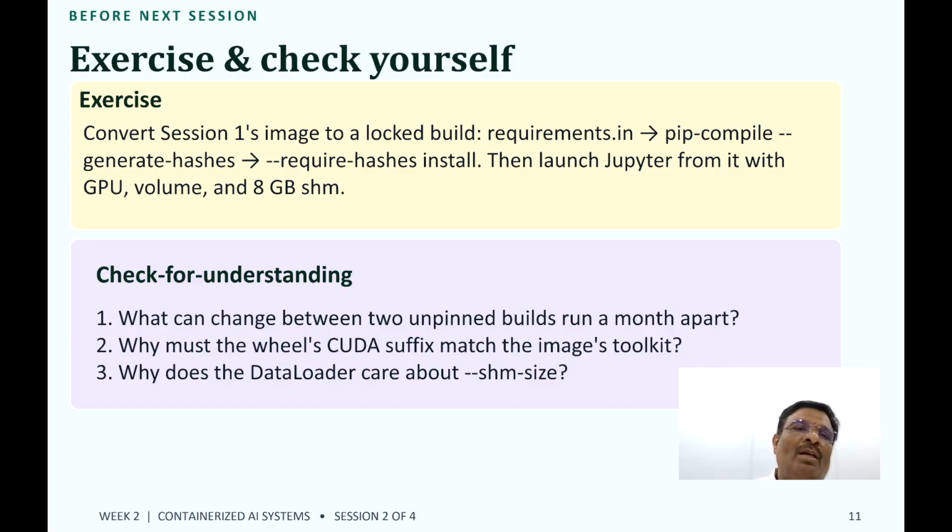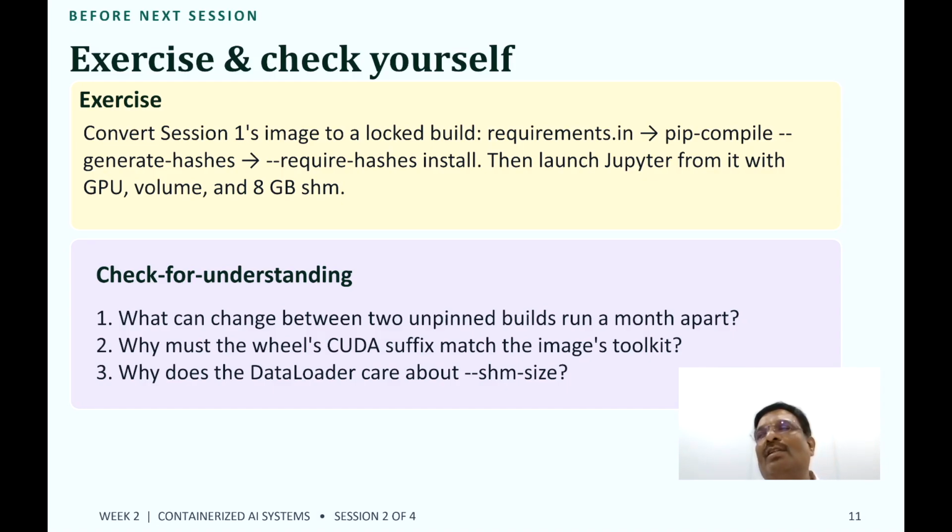From the understanding point of view, let us try to understand: if two unpinned builds run with a gap of about a month, what can change, or what has changed? And a very important question is why must the wheel's CUDA suffix match the image's toolkit.